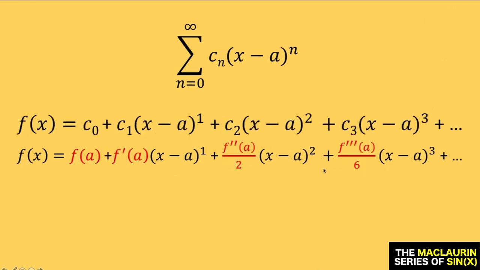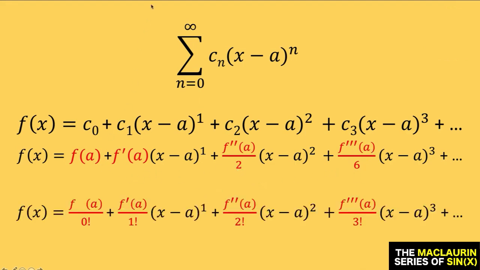So let's look at now the pattern. The pattern is f of a, f prime of a, f double prime of a over 2, and f triple prime of a over 6. How are we going to represent this pattern in the denominator? Notice that this 6 can be written as 3 times 2 times 1, which is just the same as 3 factorial.